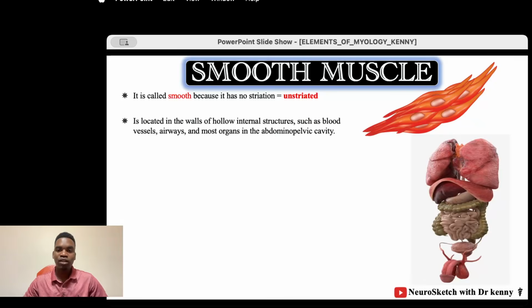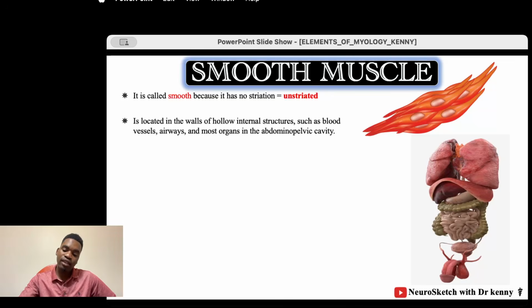And the smooth muscle makes up most of the visceral organs, from the lungs, the liver, the stomach, the intestine, the gonads, and the urinary system and all that. All of them are made up of smooth muscle, which is unstriated.